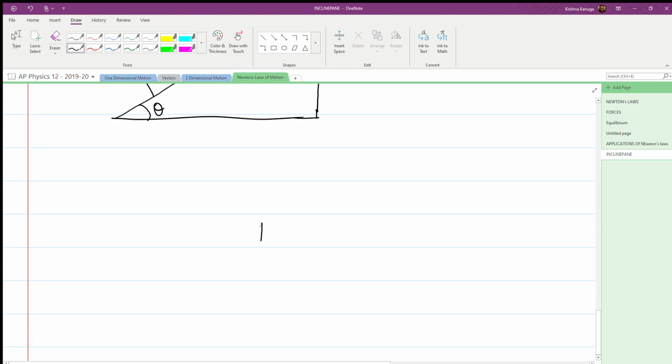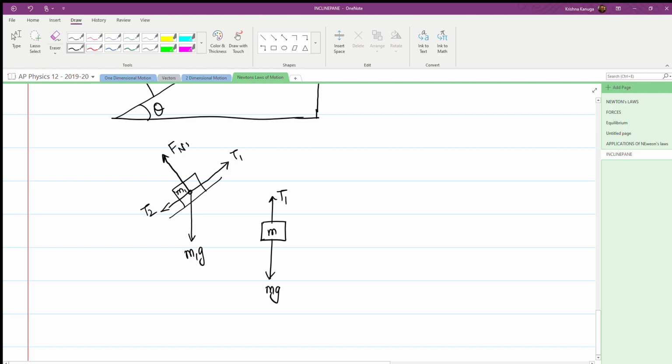So I'm going to draw our forces. For the hanging block M, we have mg pointing down, T1 pointing up, nothing else. Then for block M1 on the incline, we have M1G pointing down, T1 pointing up, FN1 pointing perpendicular to the incline, and the common force that people always forget here is T2 pulling it down.